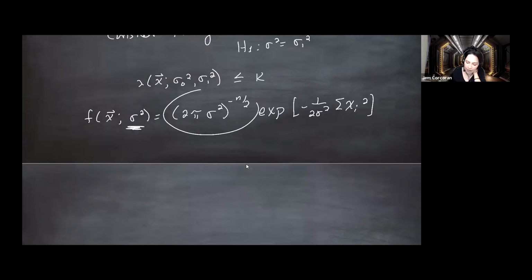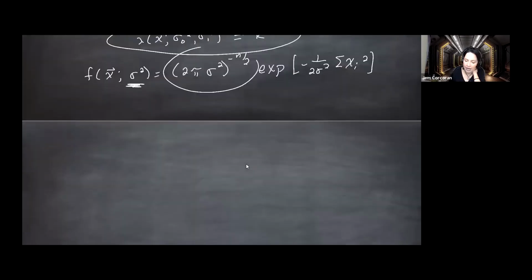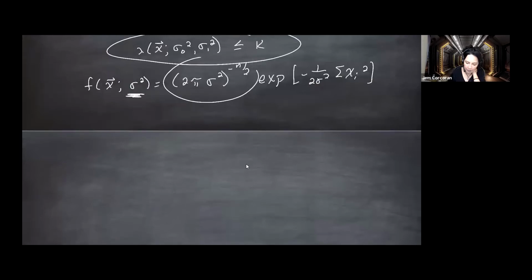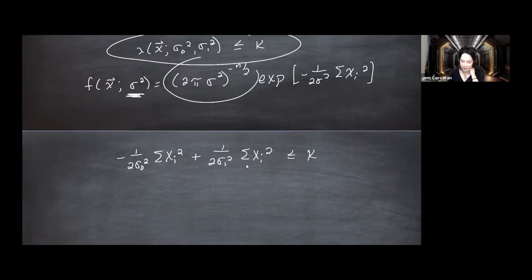But if you set the ratio less than or equal to k, then you will come down to minus 1/2 sigma naught squared sum of the xi squareds plus 1/2 sigma 1 squared sum of the xi squareds less than or equal to some k, k1, k2, k3.